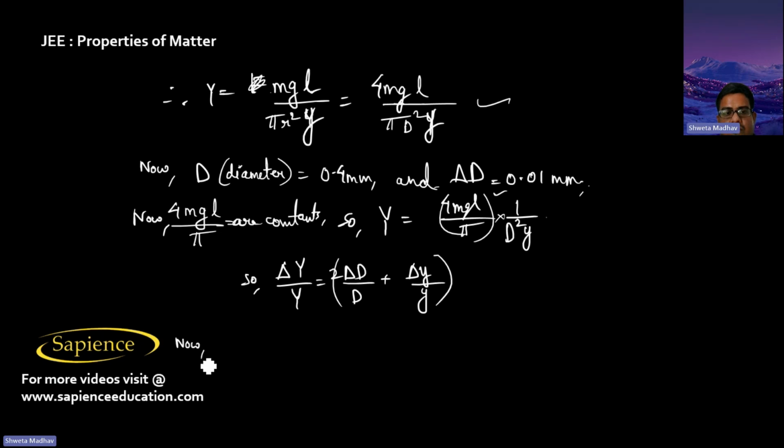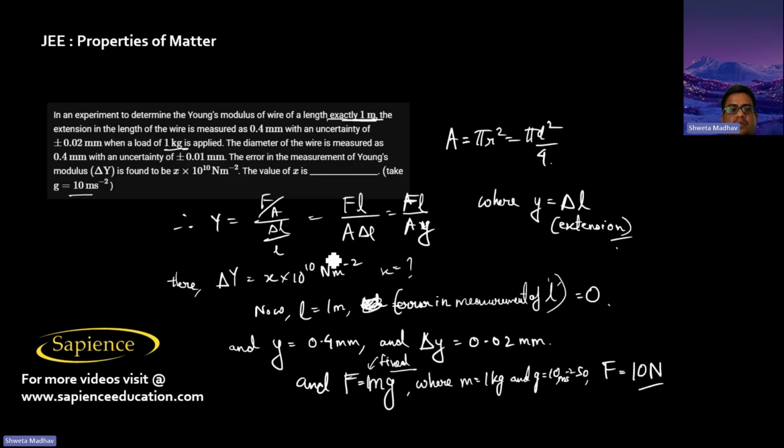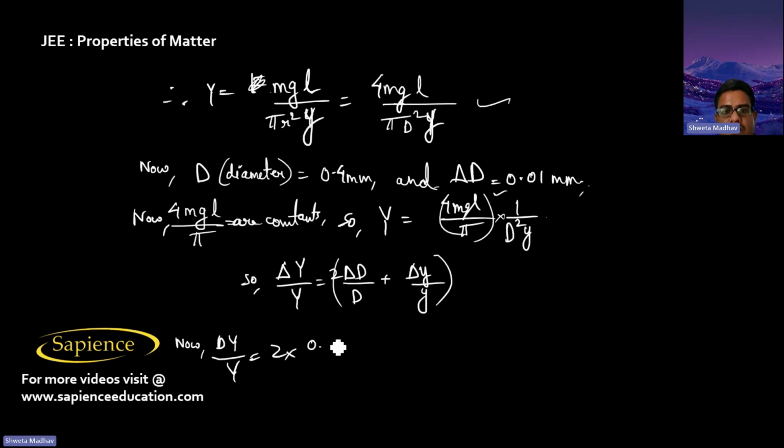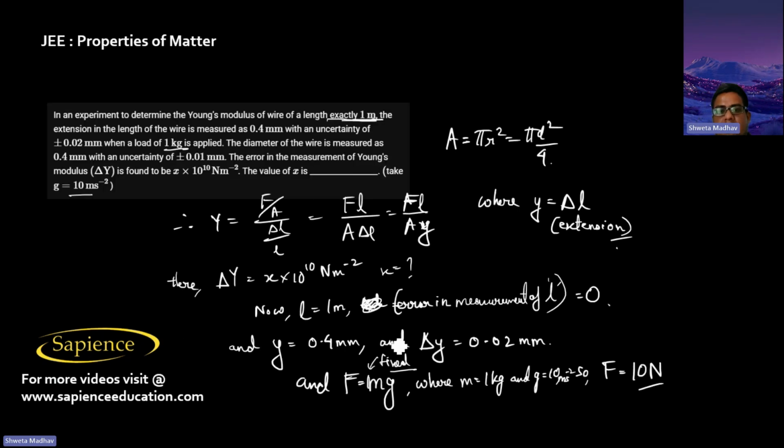So ΔY by Y is twice the relative error in the measurement of the diameter of the wire, which is Δd, 0.01 millimeter, divided by d, 0.4 millimeter, plus Δy, the error in the measurement of the extension.